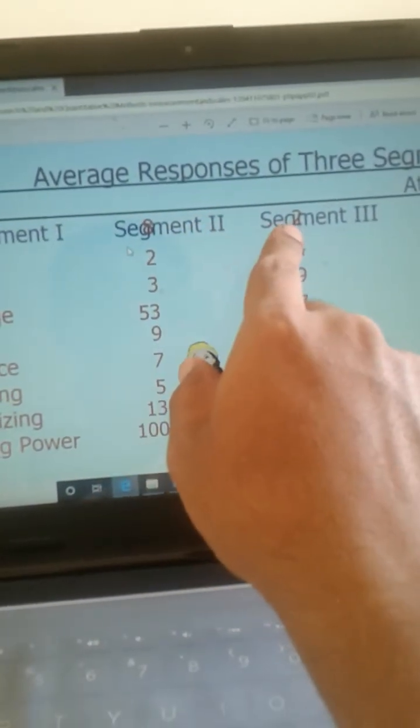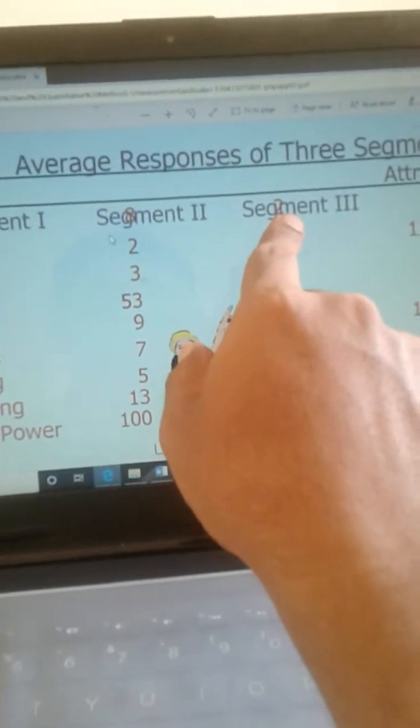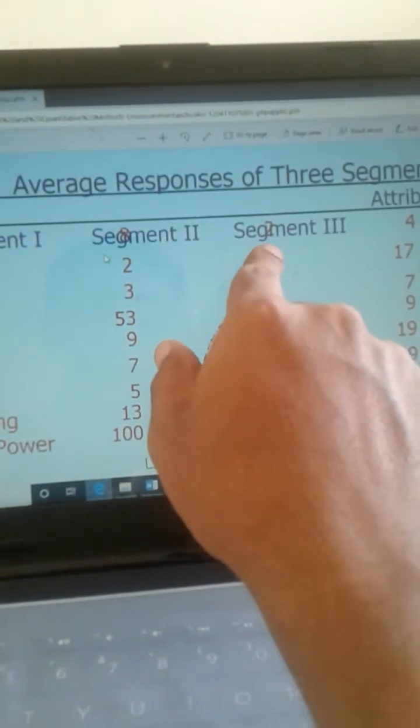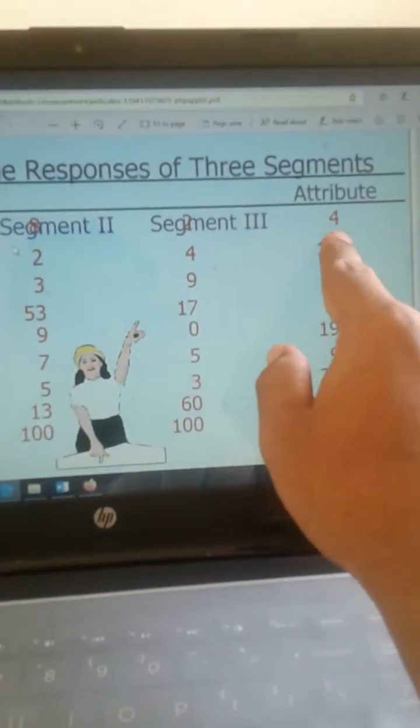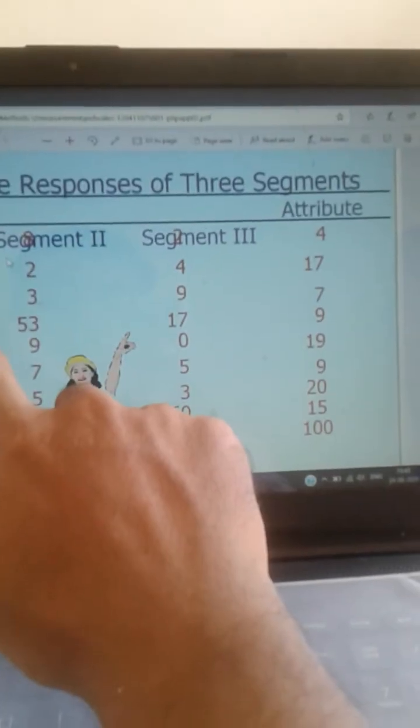And the same for product B. Now product B, on the mildness, has got only 2 points, and product 3 has got 4 points over mildness.